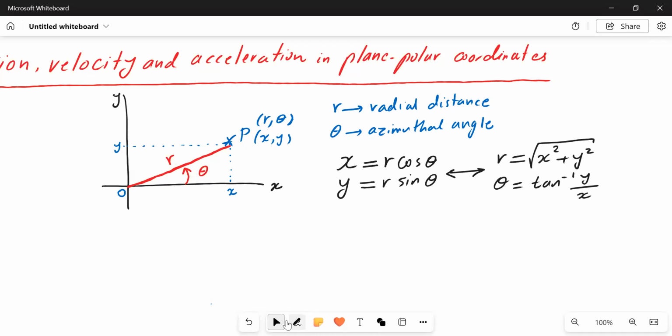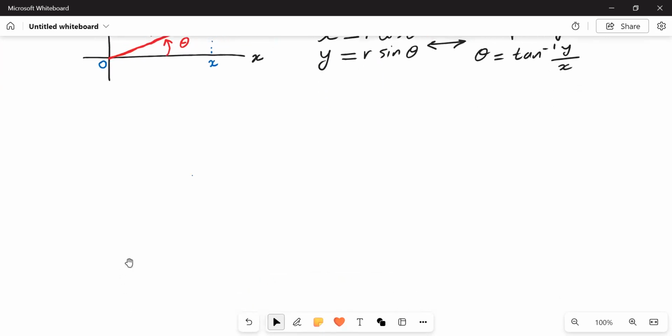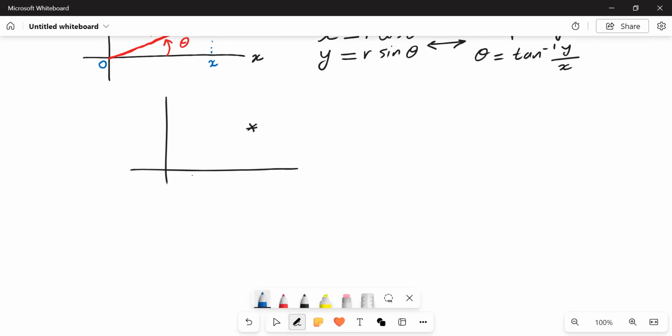I don't want to make this figure too busy, so I would quickly draw another system here so that I can easily show this to you. So let's say this is my point P, and these are the polar coordinates, r, the radial distance, and theta.